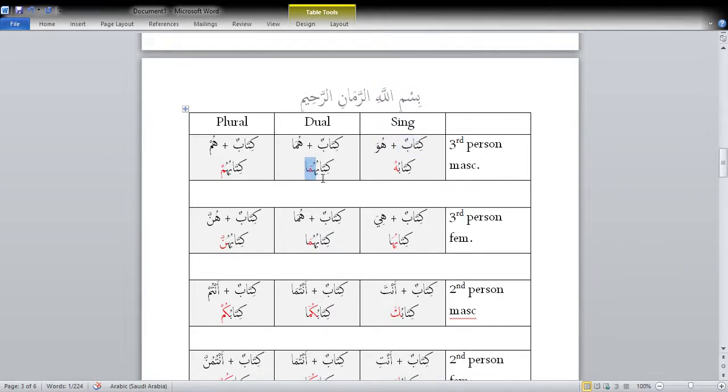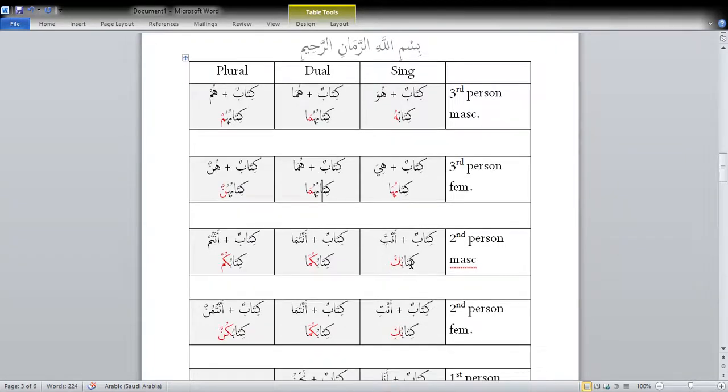Huma is added to the end of the noun. So it means their book, two or more individuals, right? And then when it's hum, it becomes kitabuhum. When it's third person feminine, so hiya, it becomes kitabuha, right? Sorry about that, kitabuha. And when it's huma again, it becomes kitabuhuma. When it's hunna, it's kitabuhunna.